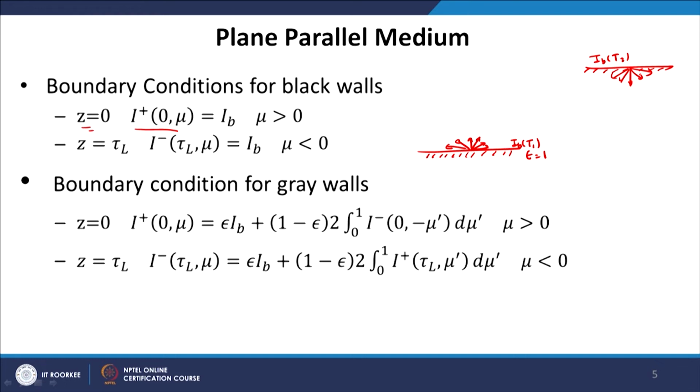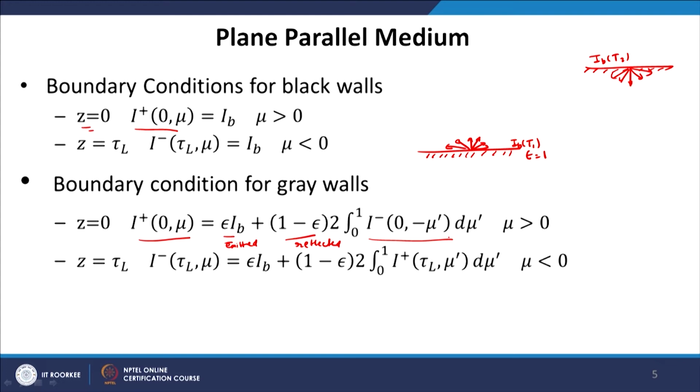So, same thing we will have. So, I plus now at the surface, the bottom surface in any direction, mu, is going to be a function of mu, will be black body emissive power epsilon I b, and the reflected part. So, this is the emitted. Now, it has two components, emitted part and reflected part, and it is in this reflected part we have the integration over all the solid angles.